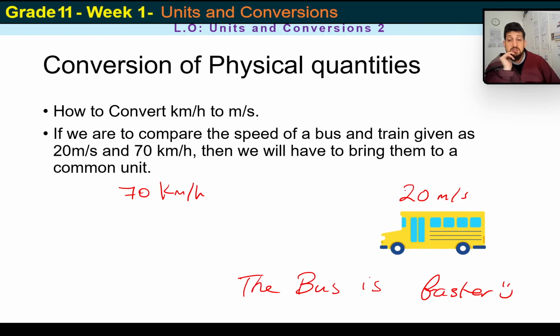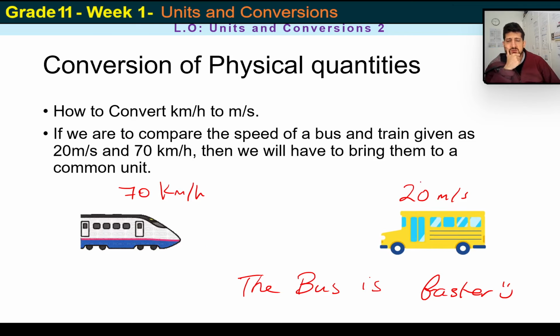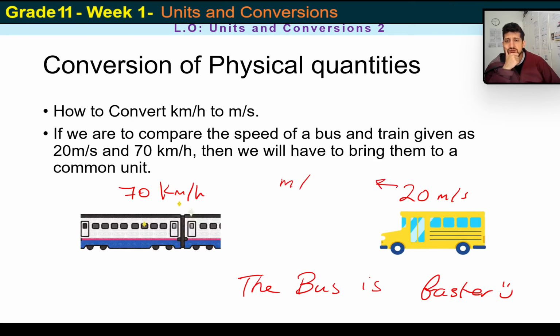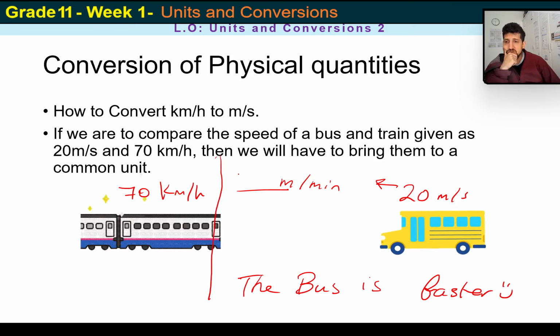But let's see if I can convert 20 meters per second to kilometers per hour. I first of all need to go from 20 meters per second to meters per minute, which will be times 60. So 1,200 meters per minute.